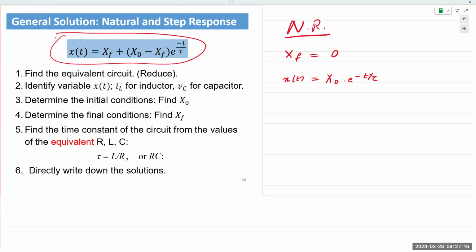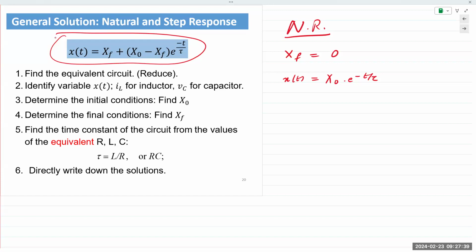Then it moves to a second position where it discharges to a certain level, but not all the way to zero. And then it starts charging again, then discharging, charging, discharging. It does not go all the way to zero. That's where this expression would be very handy, because the final value and the initial value would never reach zero.